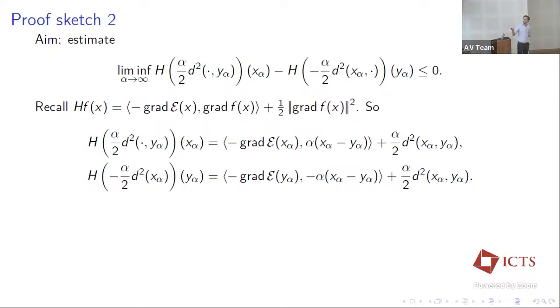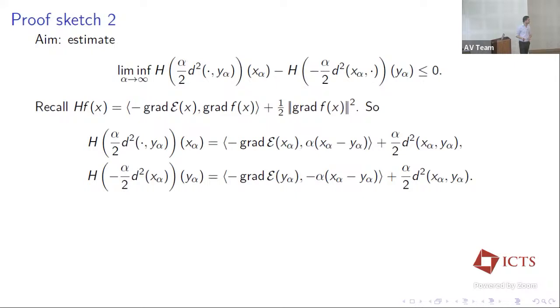And then I find, of course, again, the metric. Yes, I'm missing a square here, but I find alpha squared times d squared. And with the other one, I find exactly the same. Minus the gradient in y alpha times minus alpha times this difference. And here again, I find d squared.